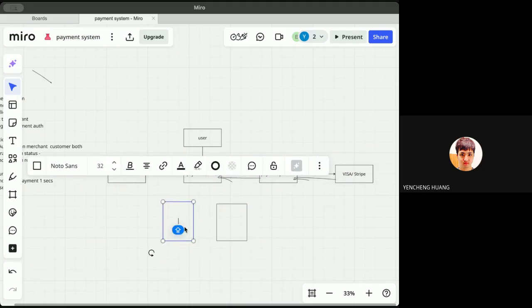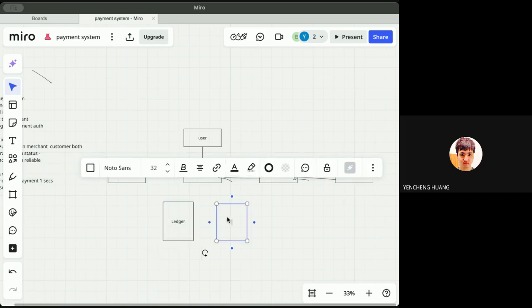And the wallet means that for the merchants or the customers, we have to calculate from the merchants and pay back the customers their money. Am I clear?